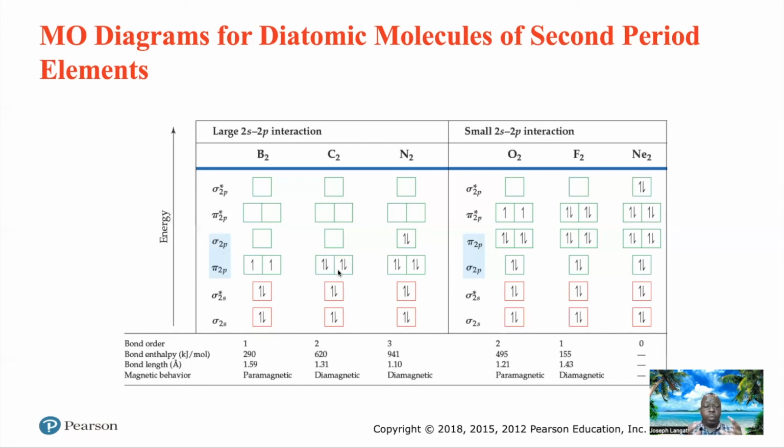So unless you write down the molecular orbital diagram and fill it in, you will not be in a position to tell whether it is paramagnetic or diamagnetic. I don't want you to just memorize and say this is going to be diamagnetic or paramagnetic, but you need to write the molecular orbital filling diagram. I will maybe use carbon, for example, to show you why it is diamagnetic.